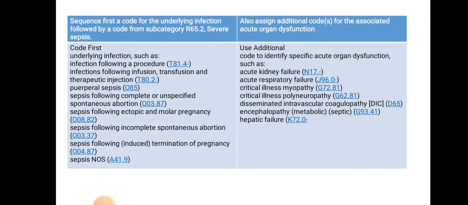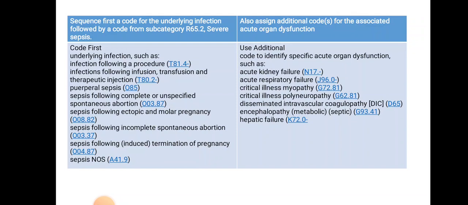For R65.2 severe sepsis, you have to code first the underlying infections such as infection following a procedure, infection following infusion, transfusion and therapeutic injection, puerperal sepsis, sepsis following complete or unspecified spontaneous abortion, sepsis following ectopic and molar pregnancy, sepsis following incomplete spontaneous abortion, sepsis following termination of pregnancy, and sepsis not otherwise specified.